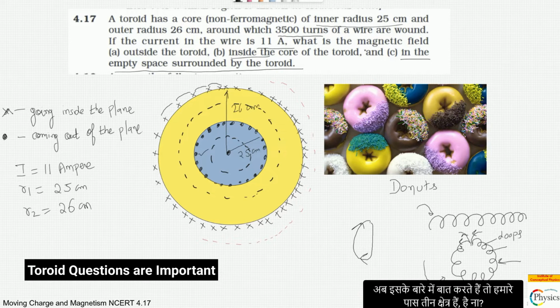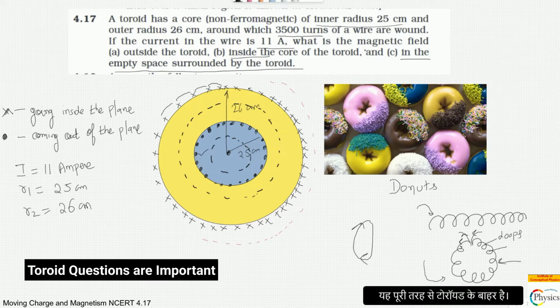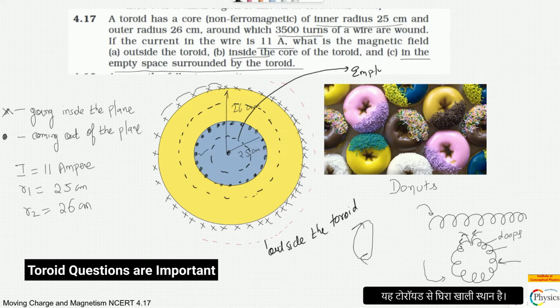So we have three areas, right? This is completely outside the toroid. This one is the empty space surrounded by the toroid.